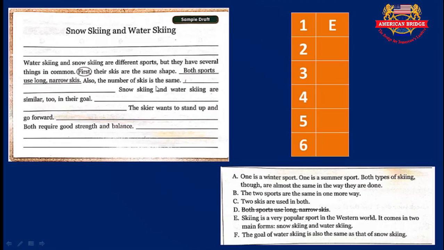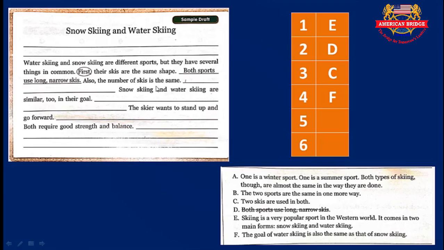So number two, because of letter D, we have already done it. Number three, what are you going to complete here? Letter C, two skis are used in both. What about number four? Number four, F, means the goal of water skiing is also the same as that of snow skiing, right?